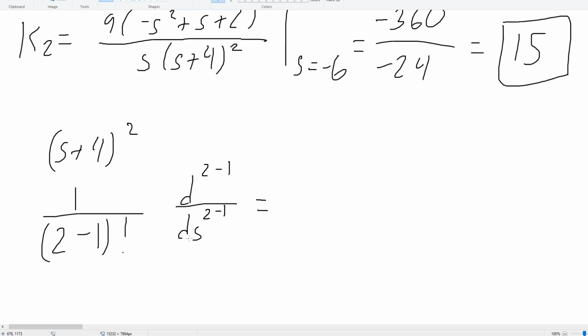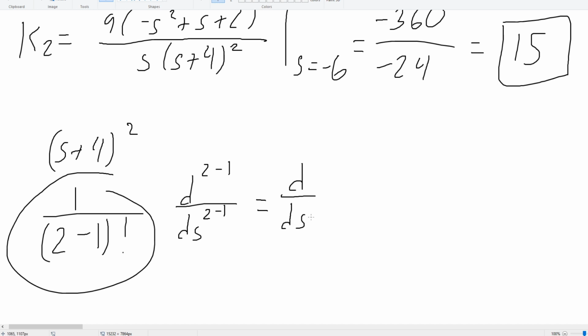And if we were to solve this out, 2 minus 1 is 1, and 1 factorial is 1. So this just turns into 1. D to the 2 minus 1 is 1, and ds to the 2 minus 1 is also 1. So this is just going to be d over ds, right?